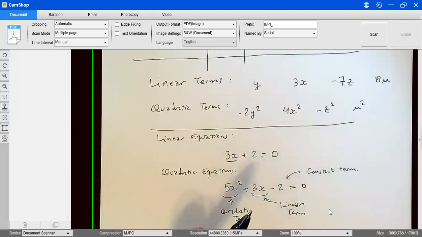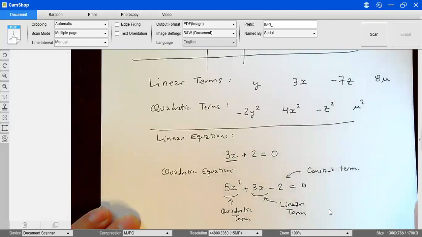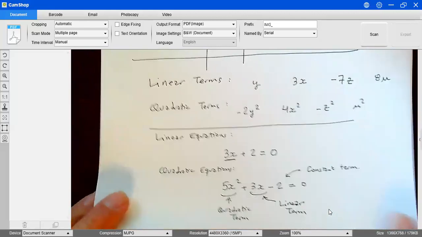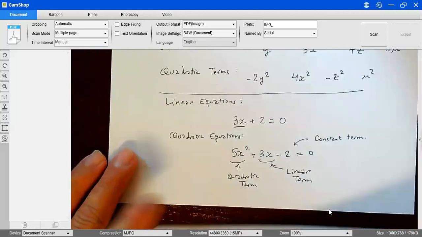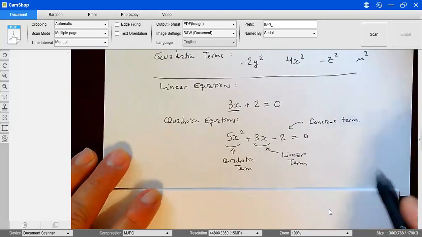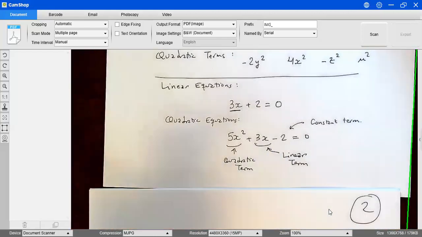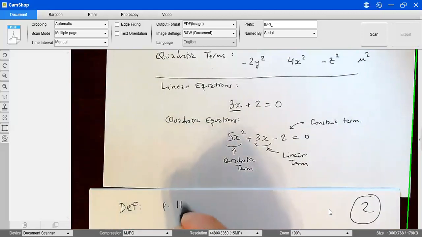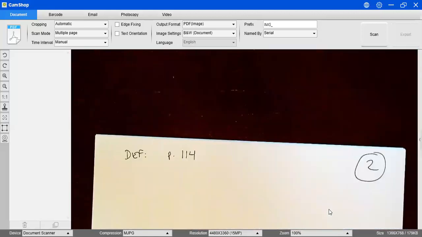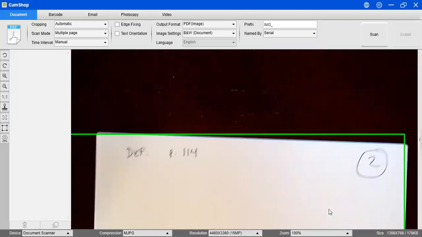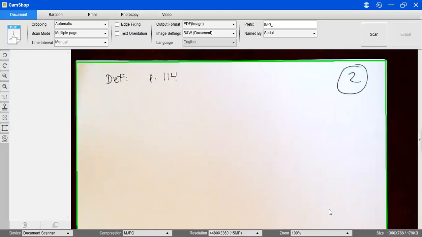We're going to read the definition of a linear equation, the formal definition that your book has, and then we're going to start with section 2.1. The definition of a linear equation according to your book is on page 114. So I'm going to copy the definition in the way that is expressed in your book.